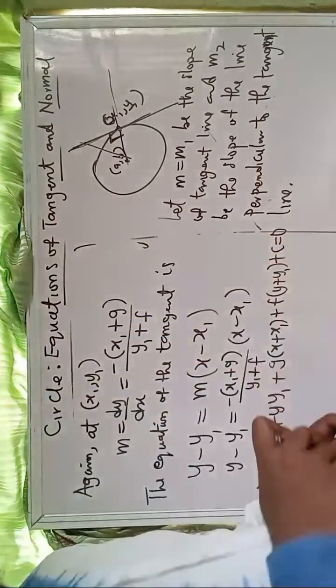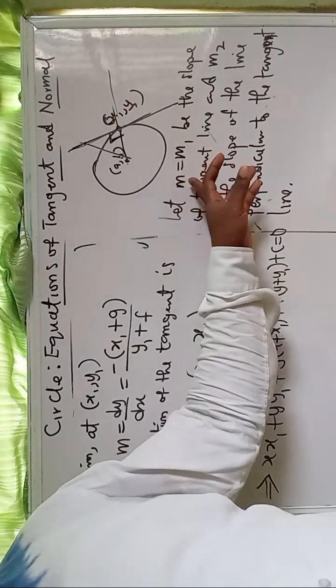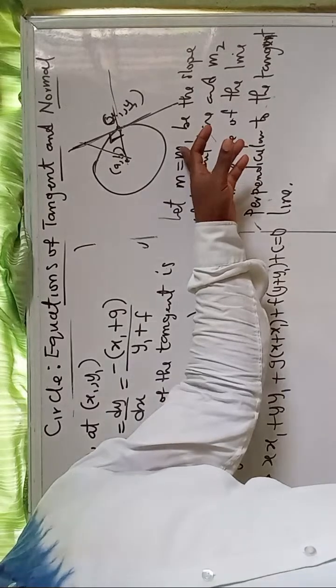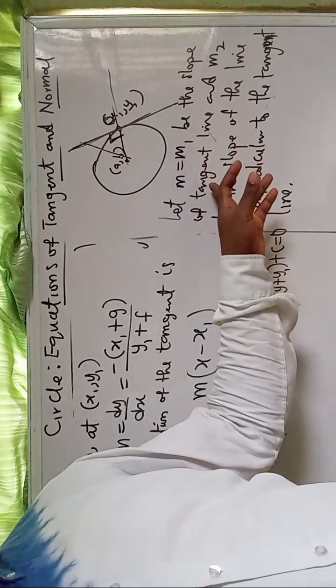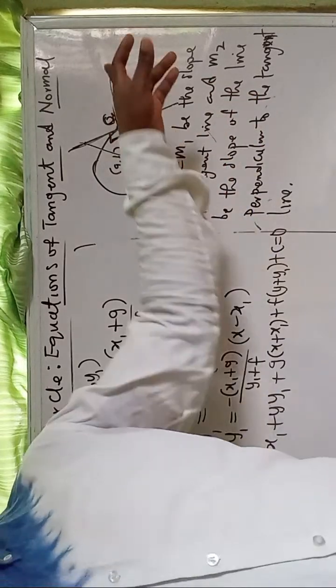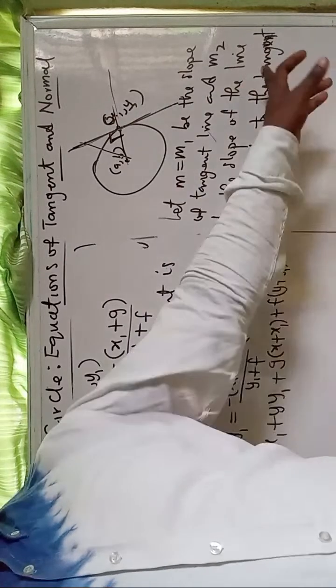Okay, so the slope of this line, we have said previously it is m, and we say let that be m1, which in this case is the slope of the tangent line. And for this second line, we say let m2 be the slope of the line which is perpendicular to the tangent line.